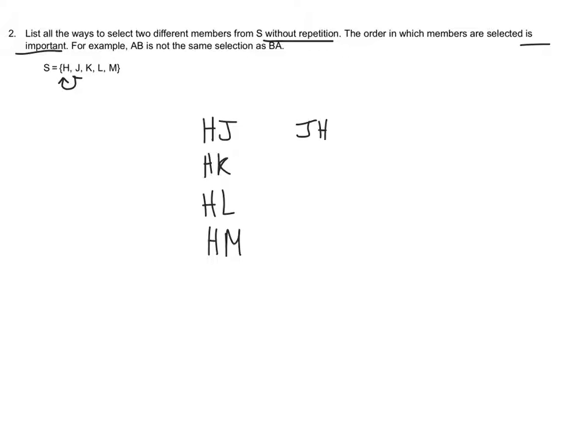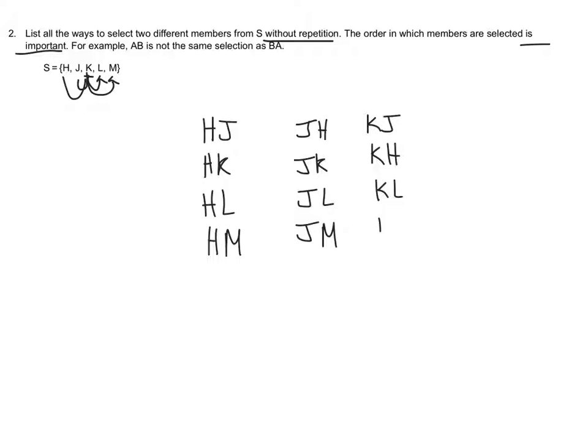Now J cannot be paired with itself, so I'll move on to pairing it with K. Then J can be paired with L, and J can be paired with M. Now we'll look at K, and K can be paired with J and H, so I have KJ and KH. Now I can pair K with L and M, so I have KL and KM.